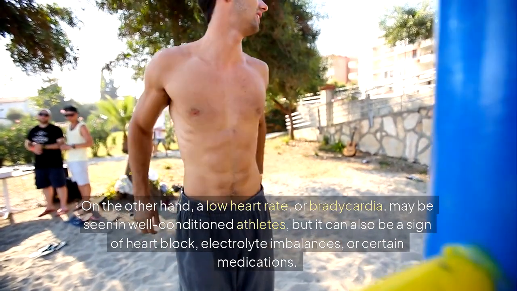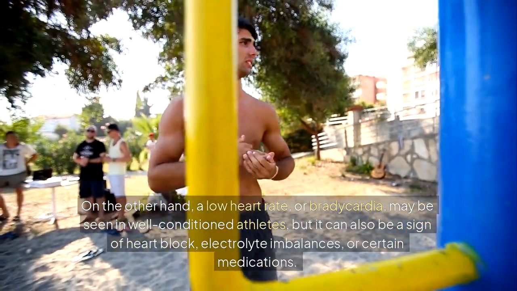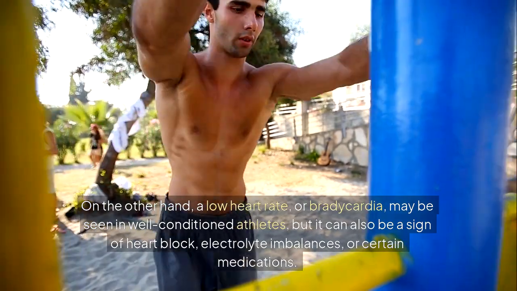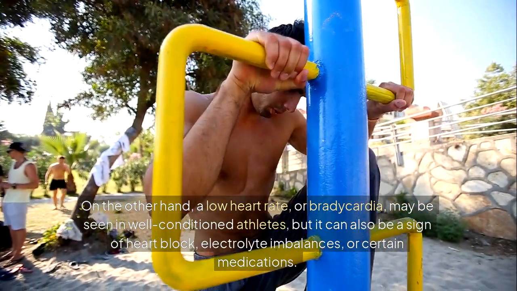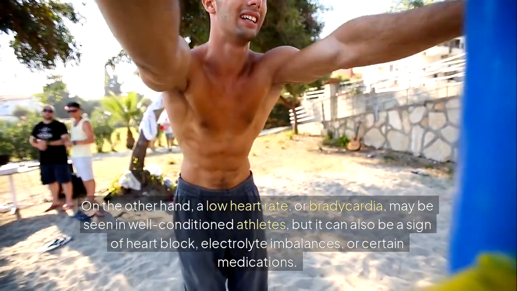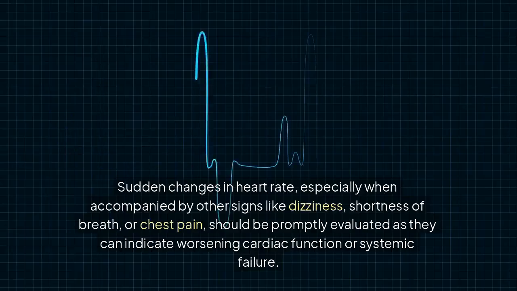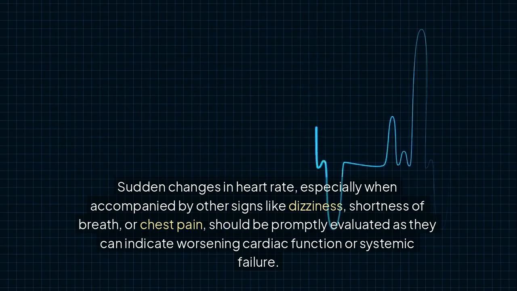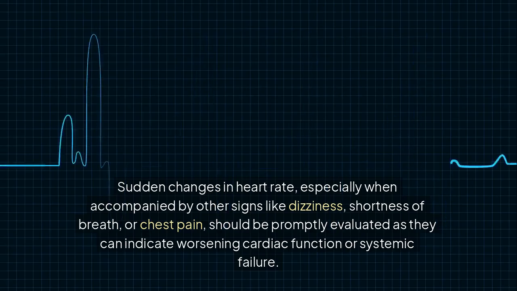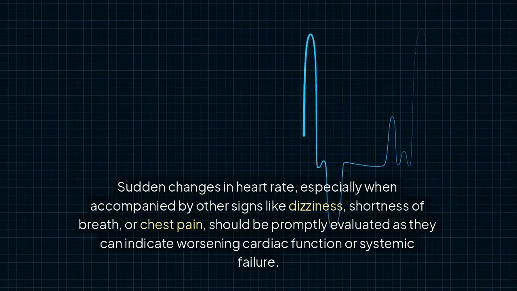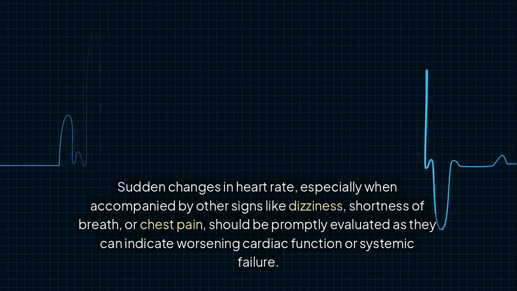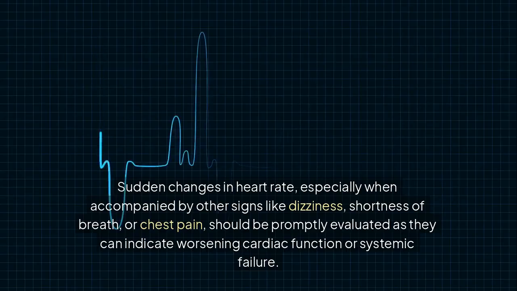On the other hand, a low heart rate, or bradycardia, may be seen in well-conditioned athletes, but it can also be a sign of heart block, electrolyte imbalances, or certain medications. Sudden changes in heart rate, especially when accompanied by other signs like dizziness, shortness of breath, or chest pain, should be promptly evaluated as they can indicate worsening cardiac function or systemic failure.